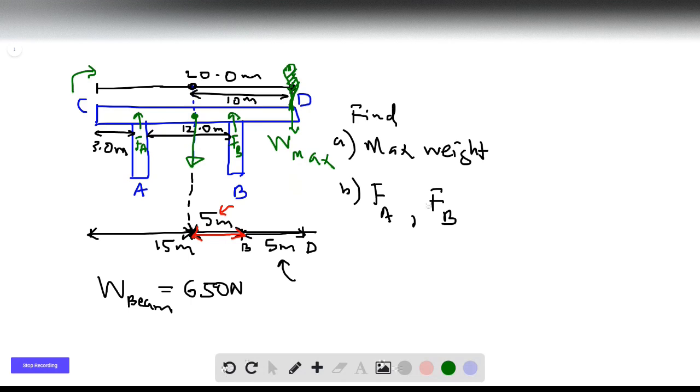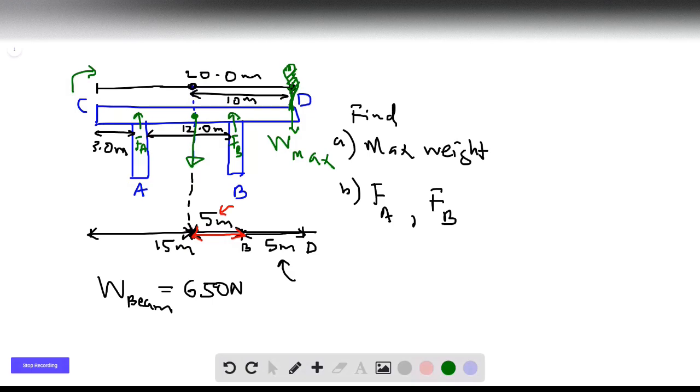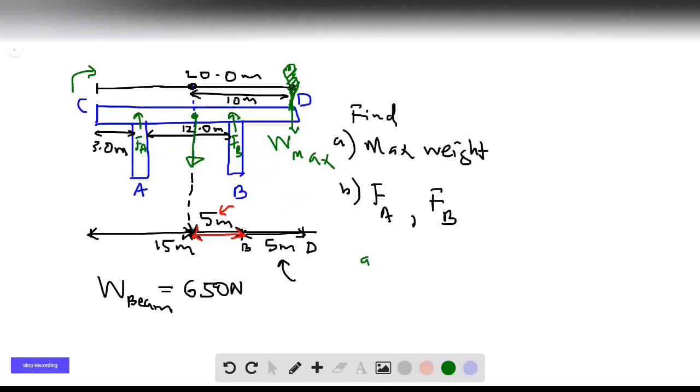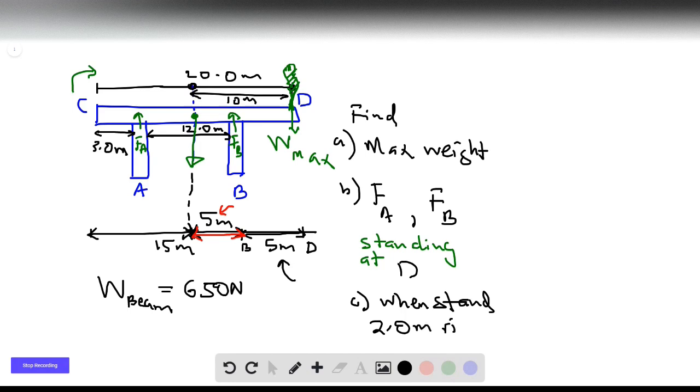And we want to find those forces when the person is standing at D, and then when standing 2 meters to the right of A.